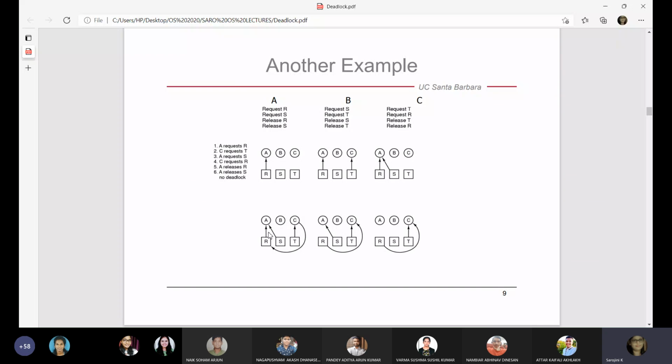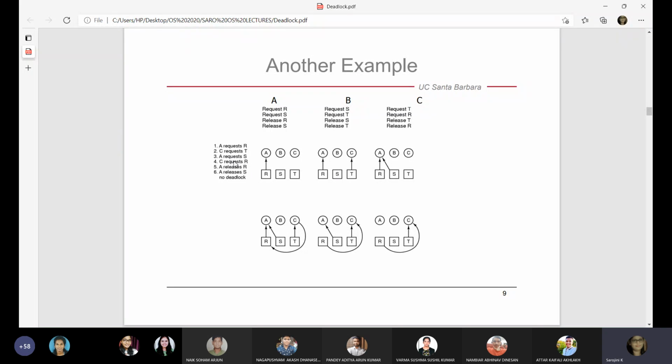Fourth one, C requests R. C is requesting R. Then A releases S. A is releasing S. Somebody who requested S can use it.